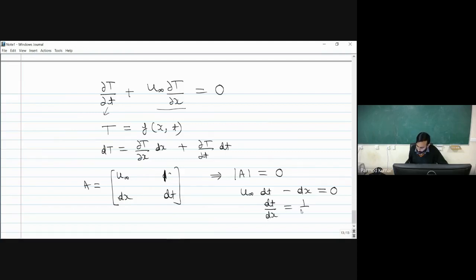Okay, so if you see over here, we are finding that dt by dx is becoming equal to 1 by u infinity. So this may give you some idea of which nature this particular equation is. Can you tell me? If I am finding dt by dx equal to 1 by u infinity, what will be the nature of the equation?